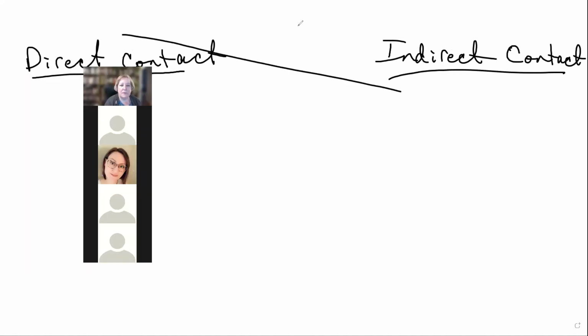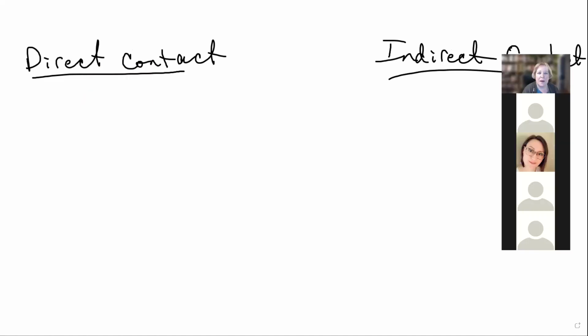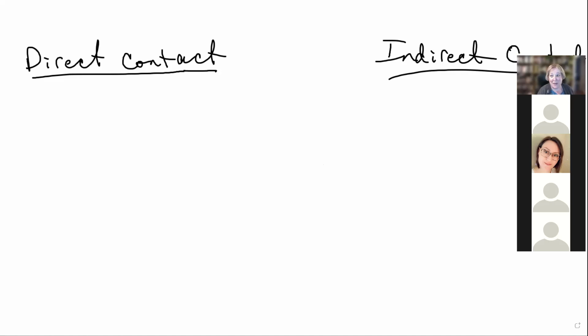When we go over this, I will have to admit I am not an epidemiologist. There's some of these that I'm not completely sure as to the rationale for it. So I'm going to teach you how I keep it separate, which may not be exactly what the rationale is, but it helps me keep them separate.